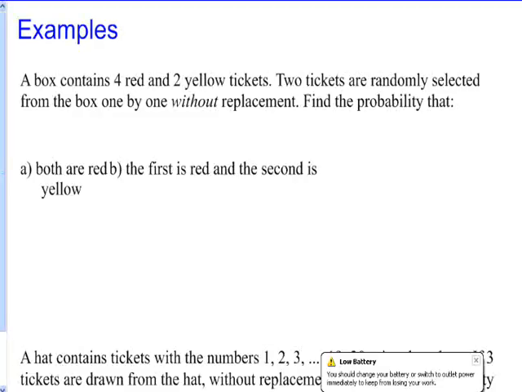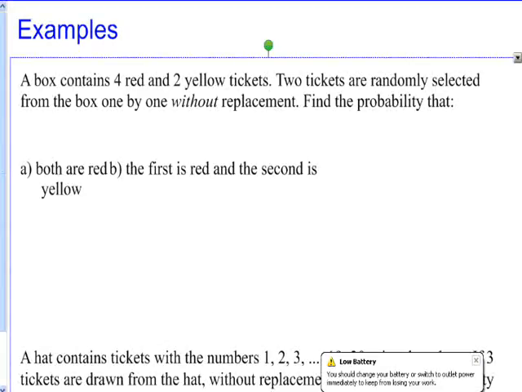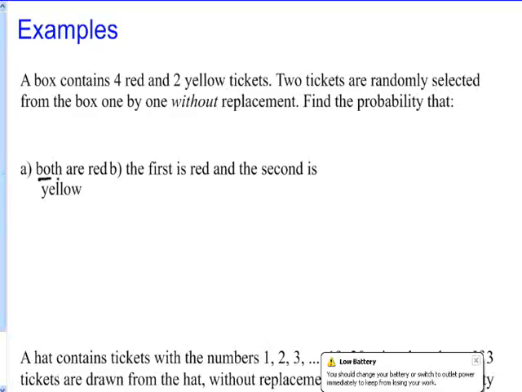Find the probability that both are red, and then find the probability that the first is red and then the second is yellow. All right? So we're going to find the probability that both are red, and then the probability that the first is red and the second is yellow.